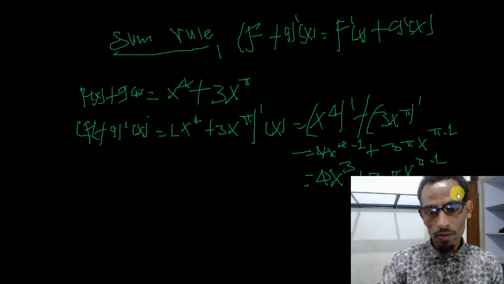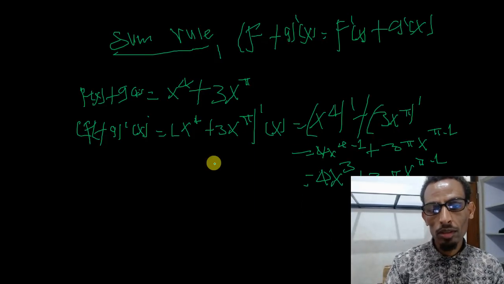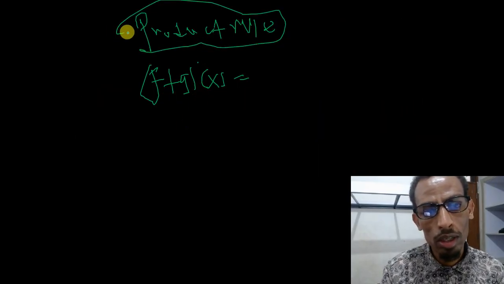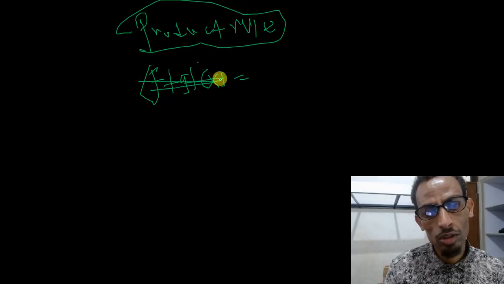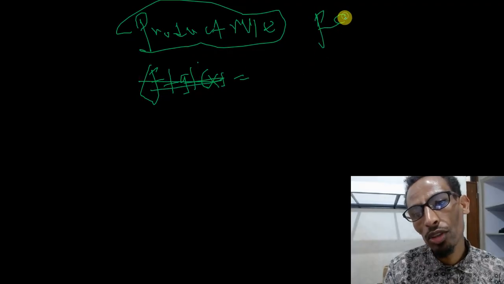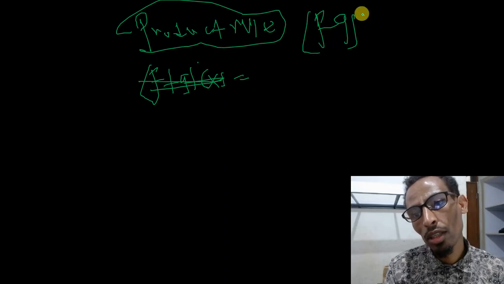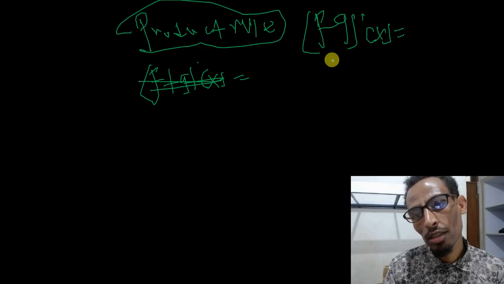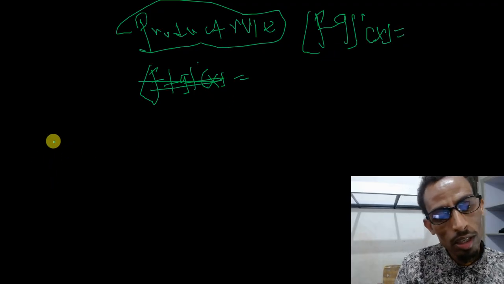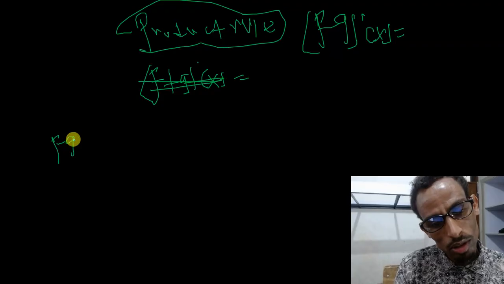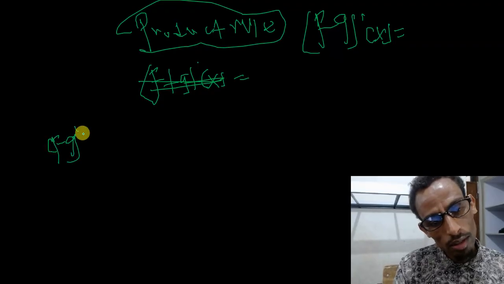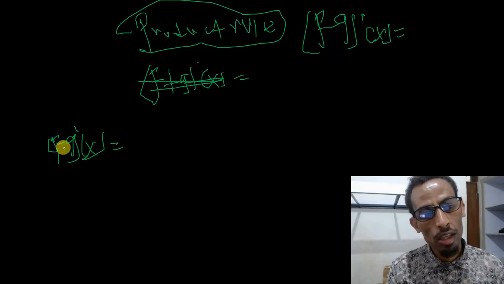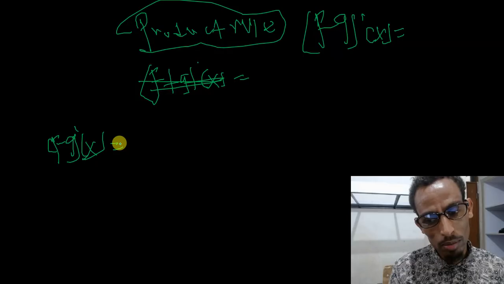And we also have another rule, which is the product rule. The product rule says that the derivative of f times g at x is always given by, first we need to differentiate f of x and multiply by g of x.